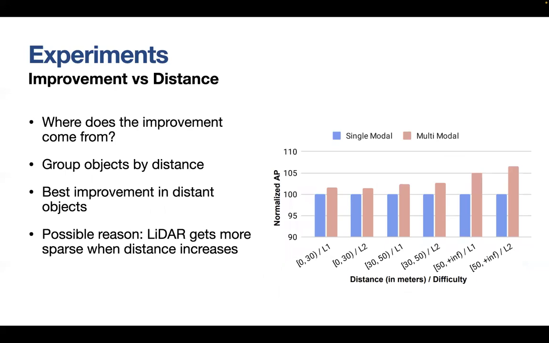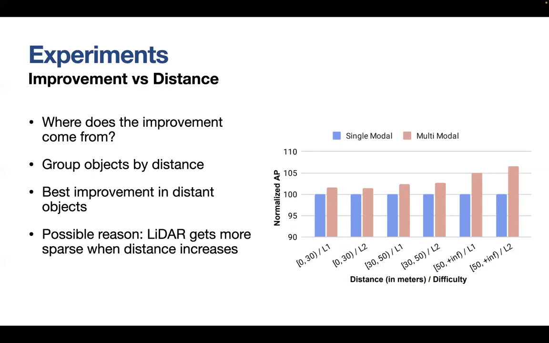So the authors thought about where the improvement comes from. What is different in DeepFusion than other LiDAR detection methods? They grouped the objects by their distance to the ego vehicle, and they see that the best improvement is in distant objects.